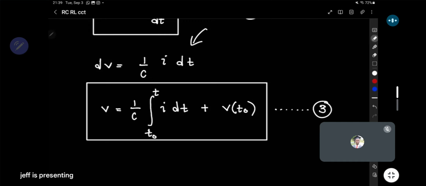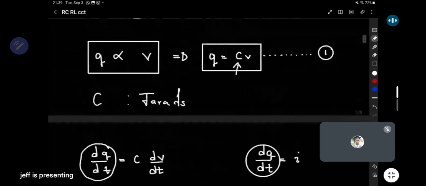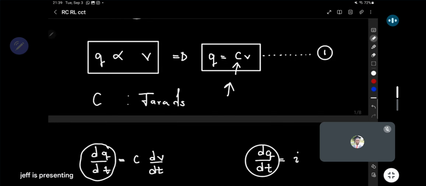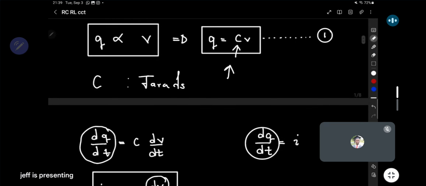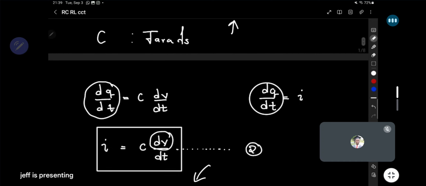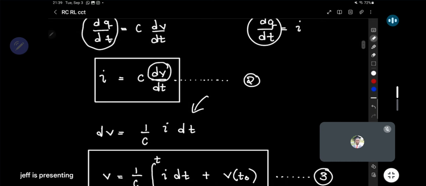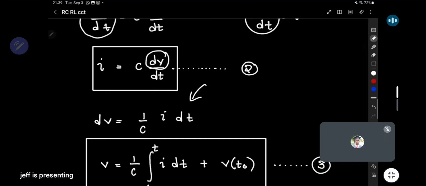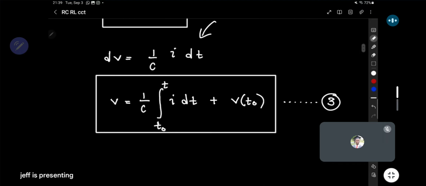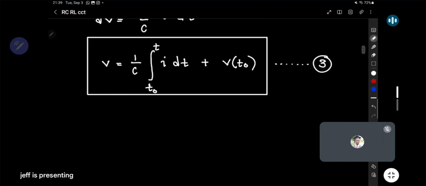Again, notice that all these expressions I'm coming up with are all coming from one equation, the definition of the stored charge. From the stored charge, by differentiating charge, we got the current. By making dV the subject and integrating, we have come up with the expression for voltage. In the same way, we can recall that in electricity, power is equal to voltage times current.